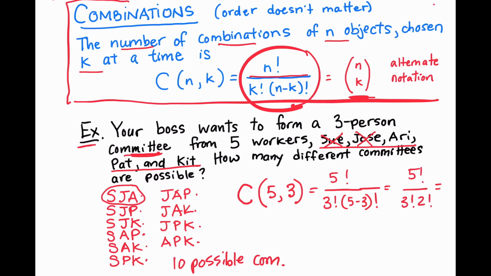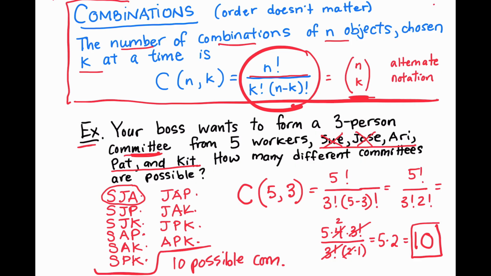If I simplify a little bit, I have 5 times 4 times 3 factorial over 3 factorial, and then 2 factorial is just 2 times 1. So I can cancel the 3 factorials, I can cancel this 2 with the 4, and that leaves me with 5 times 2, which is 10. And that's the same result we got by brute force. So there are 10 possible committees.